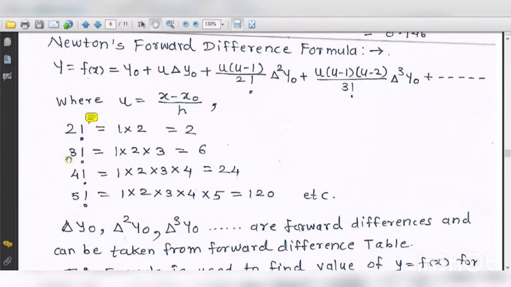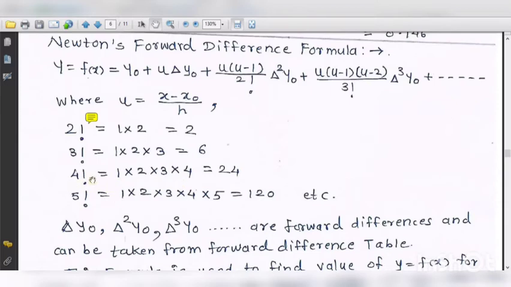Next 3 factorial. It is the product of first three natural numbers. So here it is 1 into 2 into 3 equal to 6. Similarly 4 factorial is 1 into 2 into 3 into 4. Whatever the value of n equal to 3, 4, 5 and so on, till that number we have to consider the product.